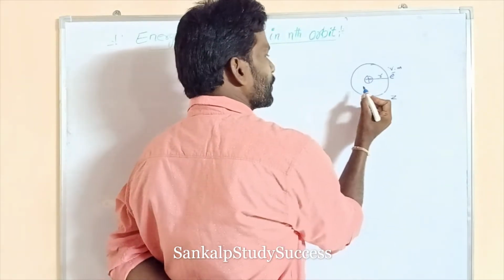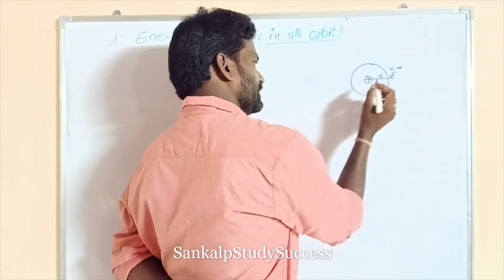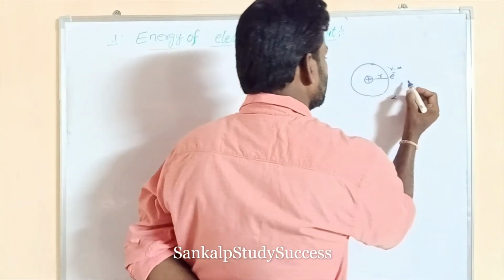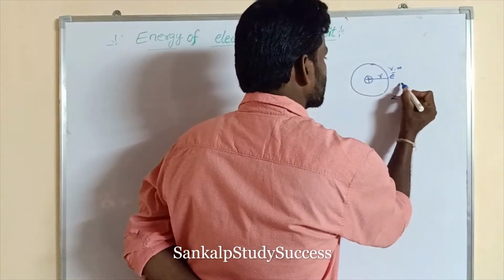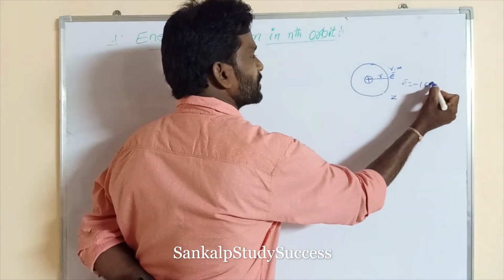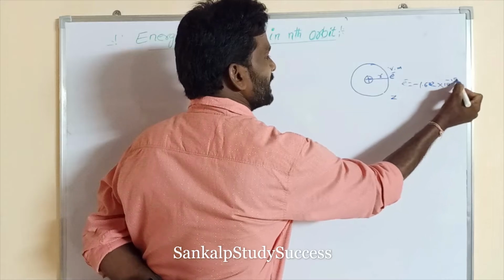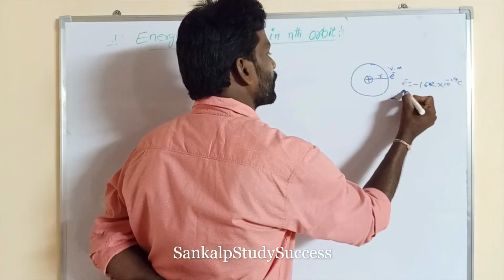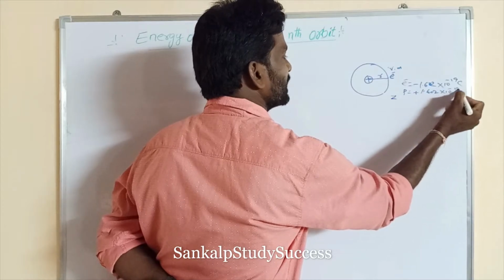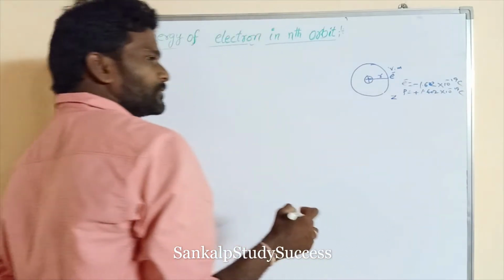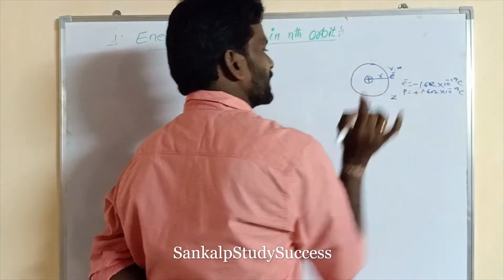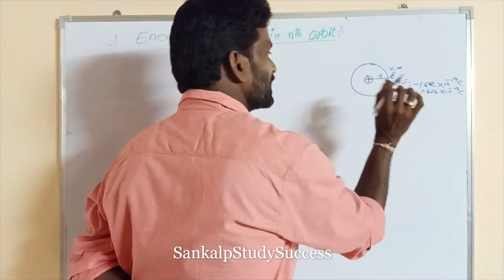The charge of proton and charge of electron are equal, but they have opposite signs. The charge of electron is equal to minus 1.602 into 10 to the power of minus 19 coulombs. The charge of proton is equal to plus 1.602 into 10 to the power of minus 19 coulombs. Both have the same value, but opposite signs.